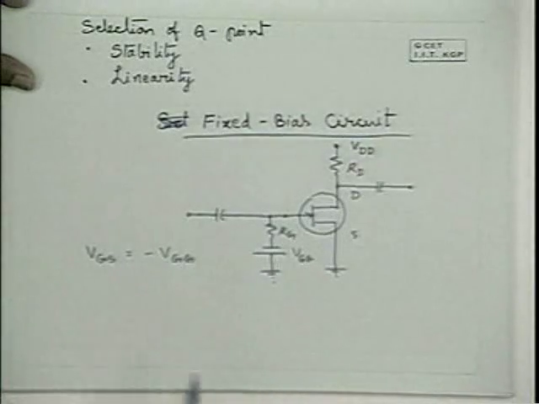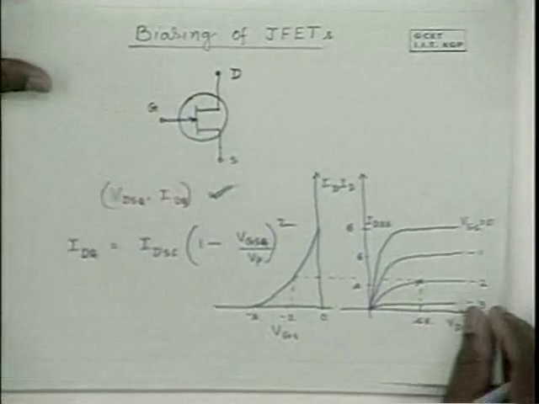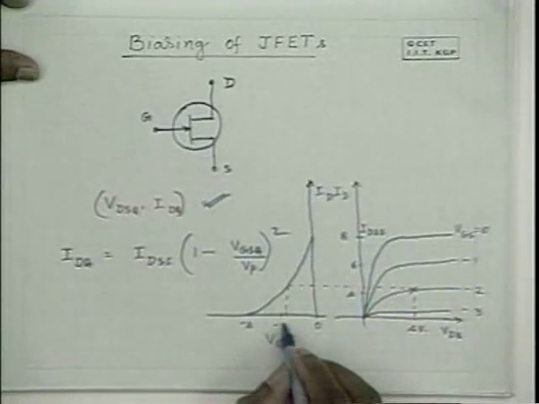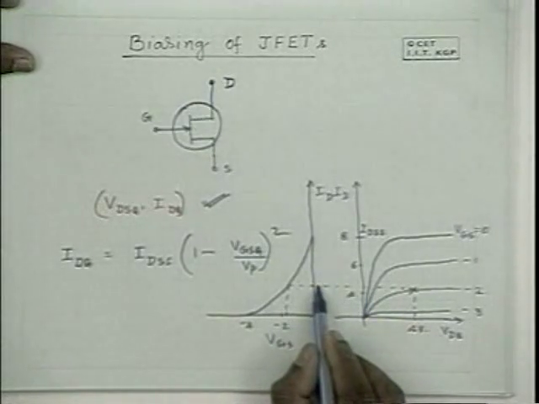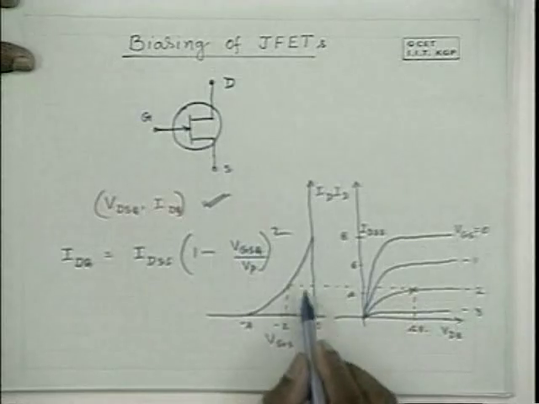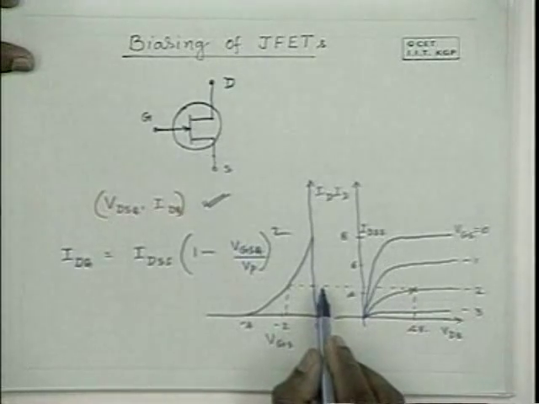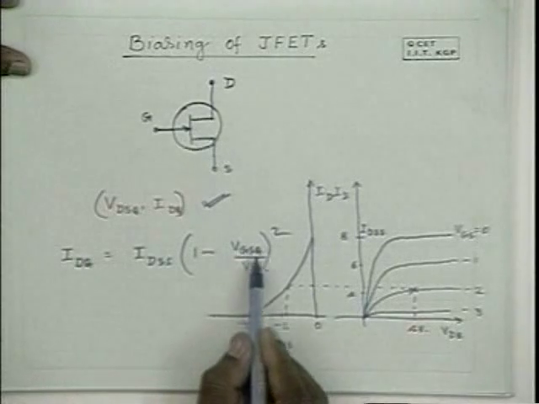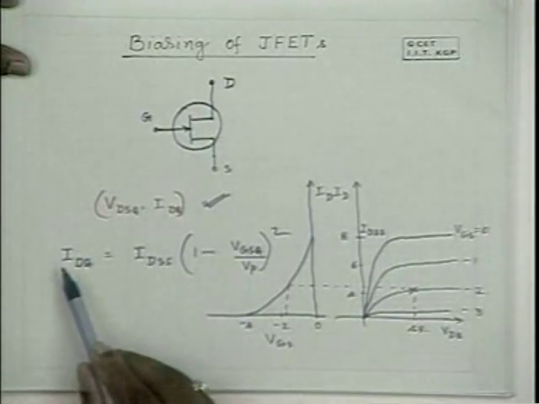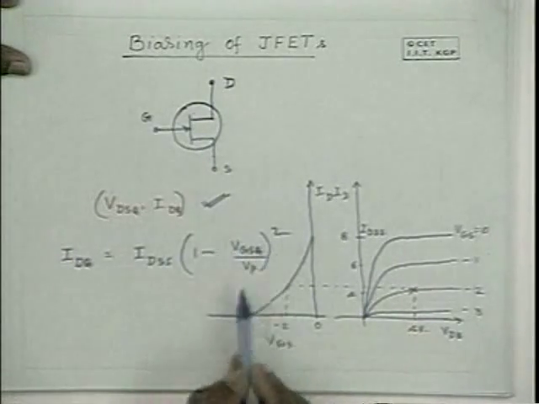Now once the VGS is given, from the transfer characteristics, for that particular VGSQ, we can decide how much IDQ can be obtained straight away, graphically. It can also be computed once VGSQ is given, using this equation.